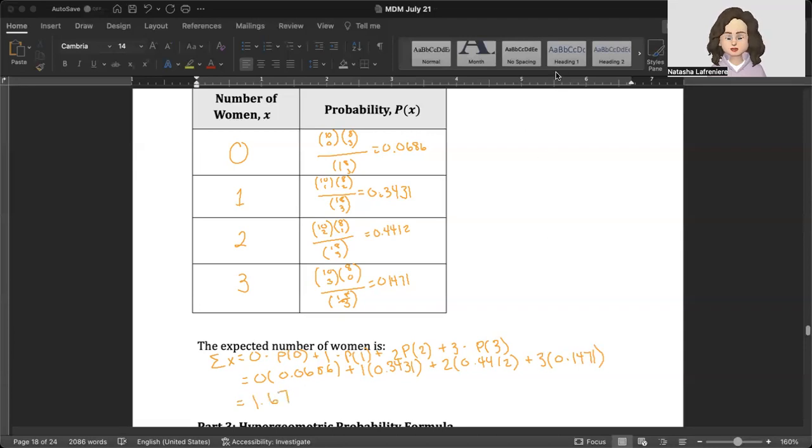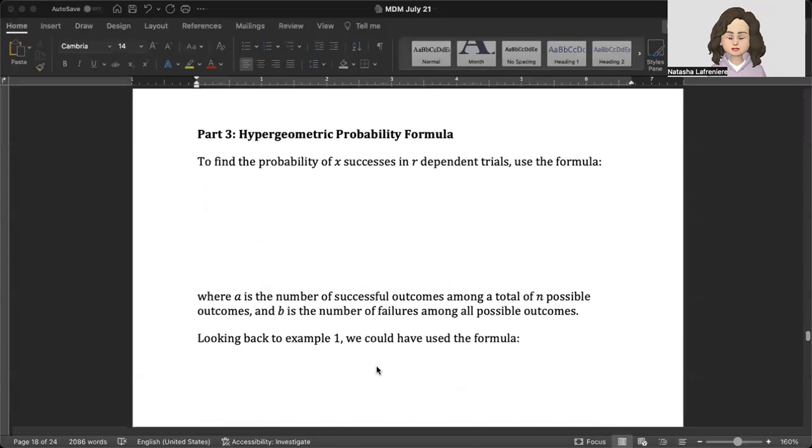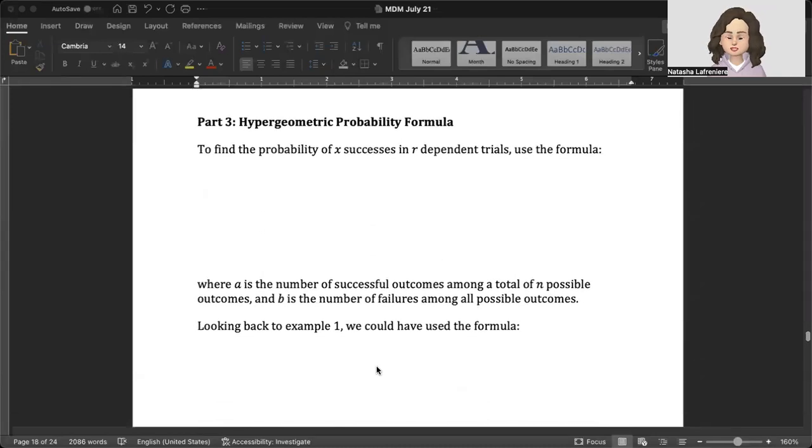Okay, so I'm clearing this. It's long. So we've got a formula that helps you, so it's not as long.